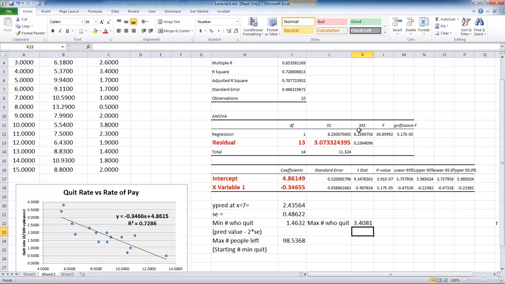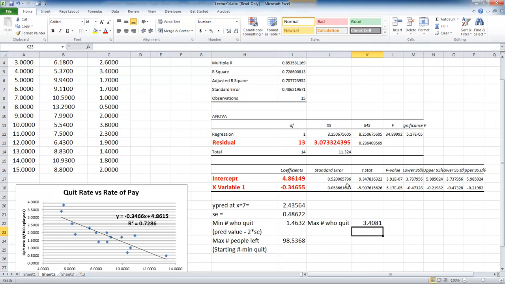Okay. So that's the maximum who are going to quit. In other words, it's the predicted plus 2 times the standard error. Okay. So the minimum he could have left would be the amount he started off with minus the maximum who could quit.